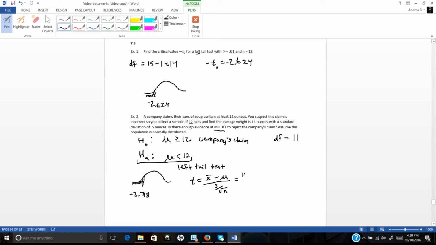So in this case, we'd have 11 minus 12, because 11 was our average from our sample, minus 12, which was our population mean, over our standard deviation here of 0.5 ounces, over the square root of our sample size, which was 12 as well.